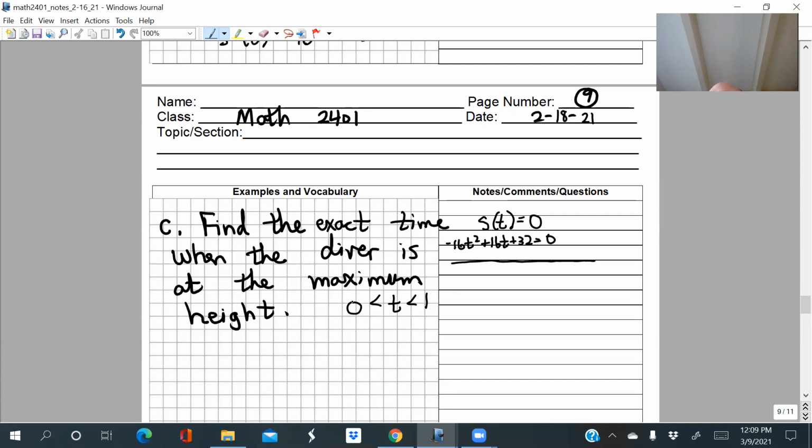Think about it, if you've ever dived, or if you've ever tossed an object up into the air, you'll observe the same thing. Think about an object going up. It goes up, it's slowing down, it's slowing down.